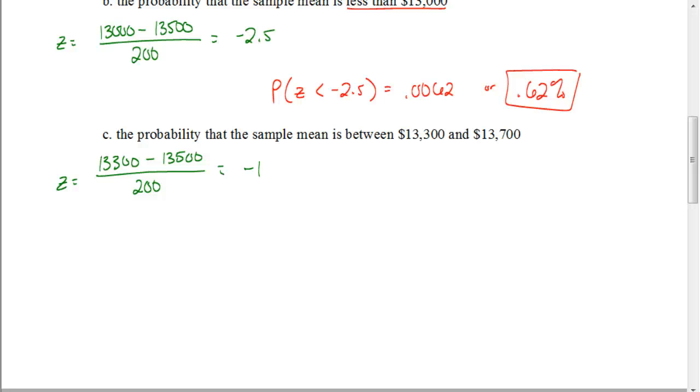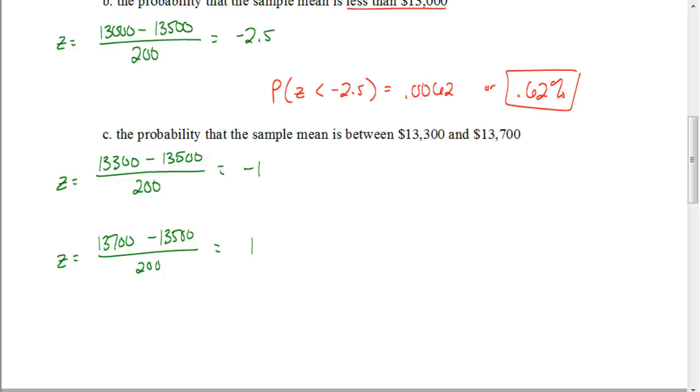Let's look at the other one, 13,700. Subtract 13,500. That's 200 as well, divided by a positive 200 gives me 1, meaning that 13,700 is 1 standard deviation above the mean.